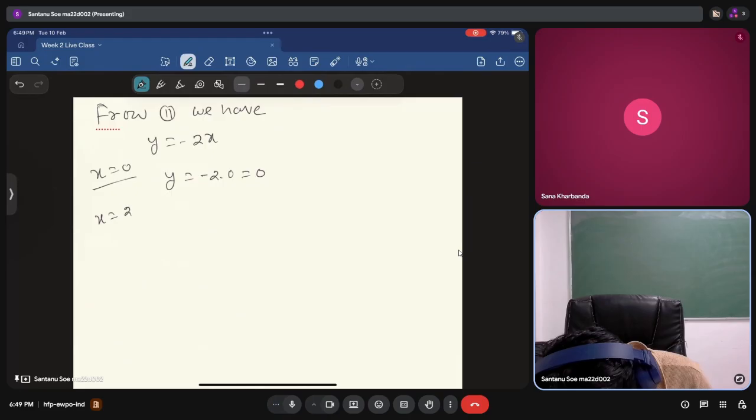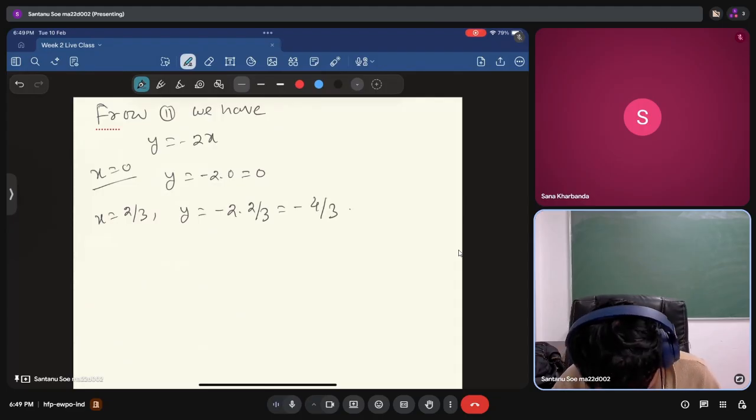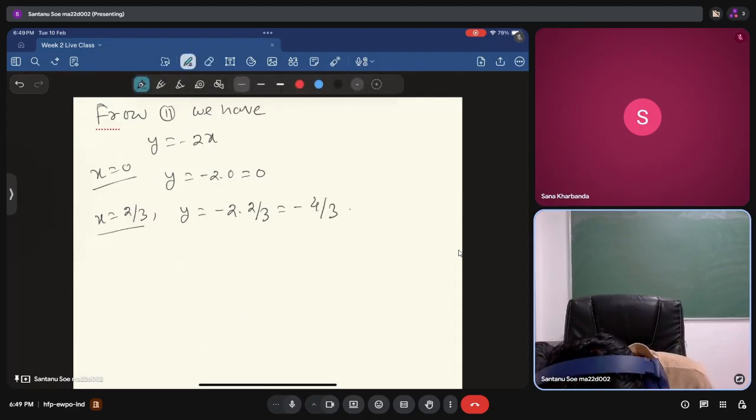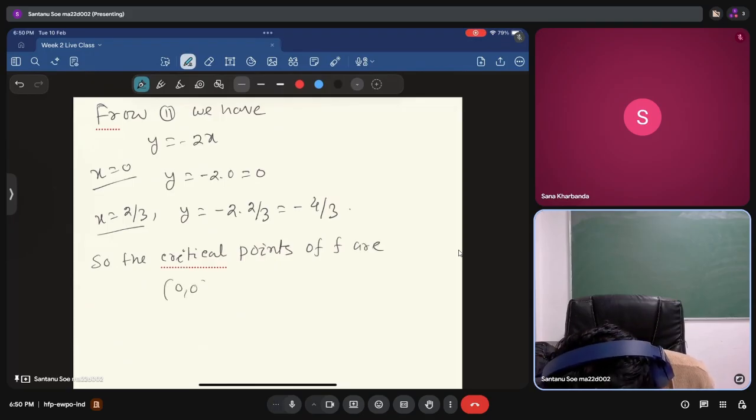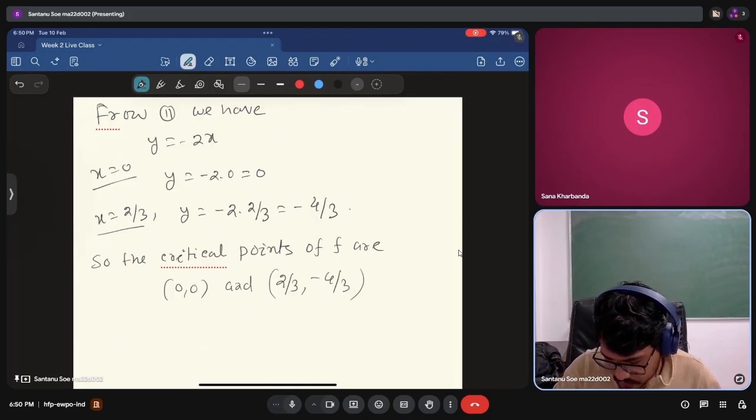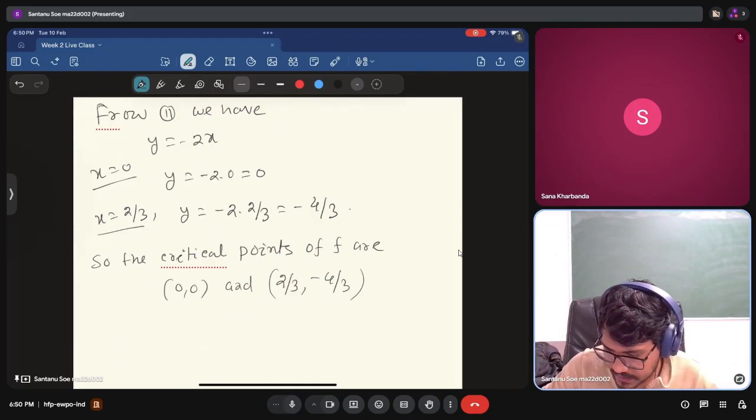And when x is 2 by 3, y will be minus 2 times 2 by 3, which is minus 4 by 3. Okay, so the critical points of f are (0, 0) and (2 by 3, minus 4 by 3). So these are the critical points.